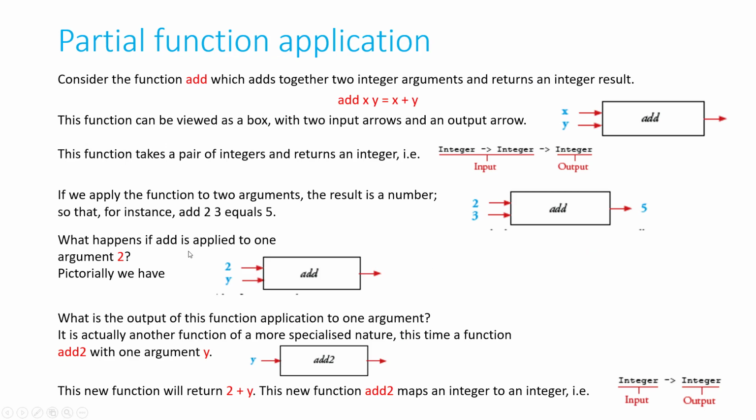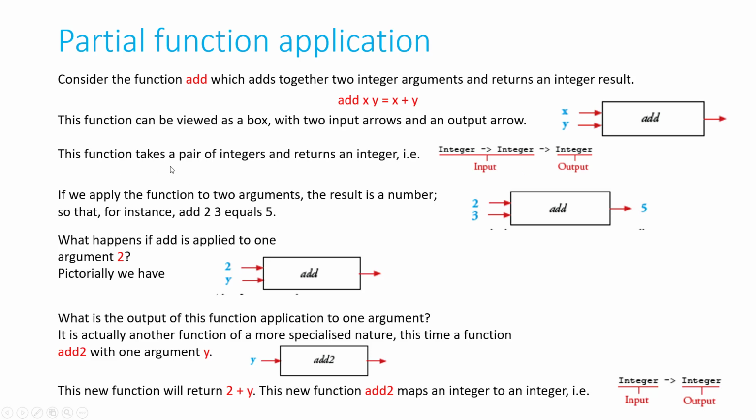So in the next example, we're going to consider the function add, which adds together two integer arguments and returns an integer result. We can write it as add x y equals x plus y. And in a black box display it would be x, y input parameters and the function add, giving a single output result.